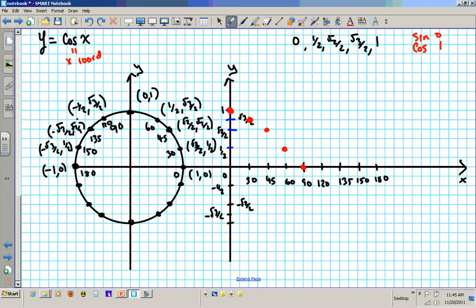And this one is going to be negative 1. Put in the points. 90, 120 is negative 1/2. You see the pattern? 135 is negative root 2 over 2, right here. 150 is going to be negative root 3 over 2. And 180 is negative 1.